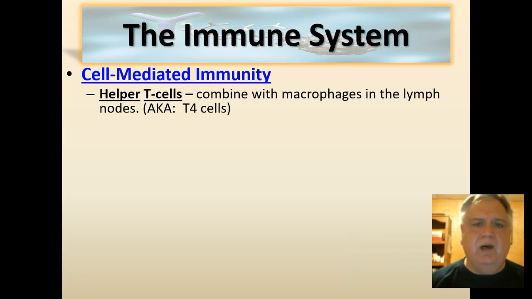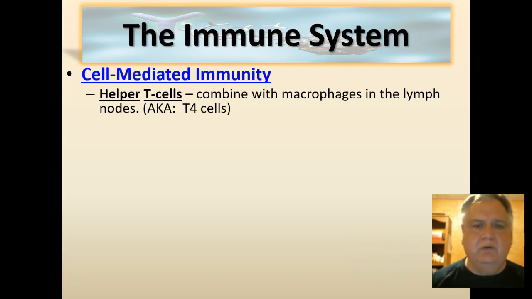And now that, as we saw in the video, that macrophage is going to enter the lymphatic vessels and travel to the lymph nodes. In the lymph nodes reside the lymphocytes, right? Two types of lymphocytes, B cells and T cells. We're going to be focusing here in cell-mediated immunity on the T cells.